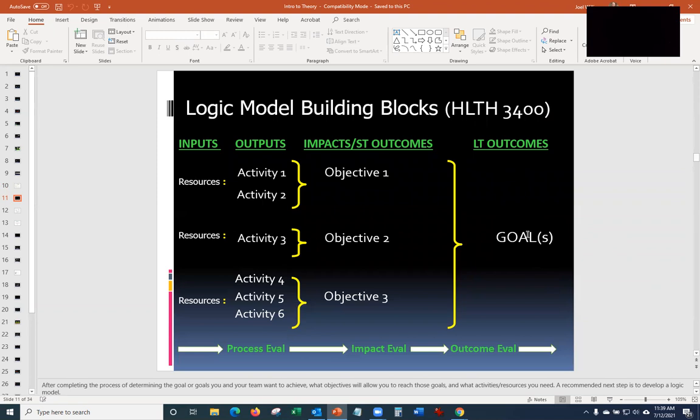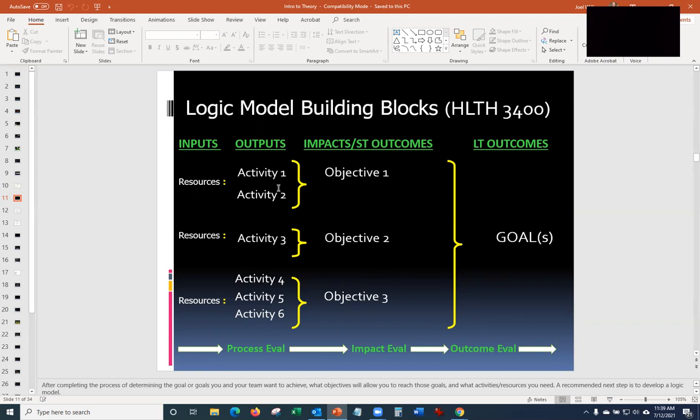That might be to reduce teen pregnancy, to increase physical activity among school age children. It could be any number of things. There will be one or more objectives that are going to lead you to that ultimate goal. And your objectives have to be SMART: specific, measurable, attainable, realistic, and time sensitive. Again, these are things that you take a deeper dive into when you take the Health 3400 course.